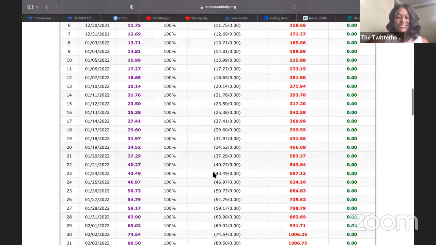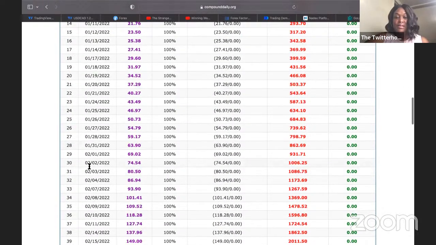Let's scroll down to day 30. Here we have $74.54 being 8%. Still 8%, but because of following a plan, over time, 8% looks a little bit different. Now, there are some people who don't even make this amount of money in a day. I mean, there are people who make much more, but there are people who don't make this in a day.